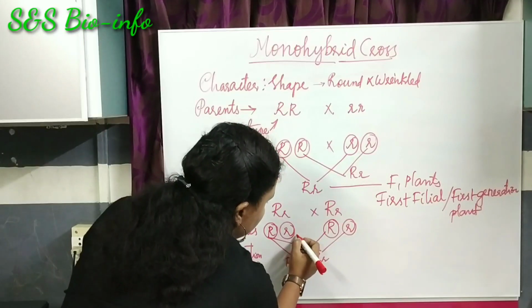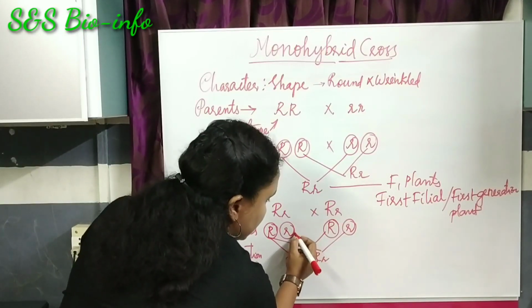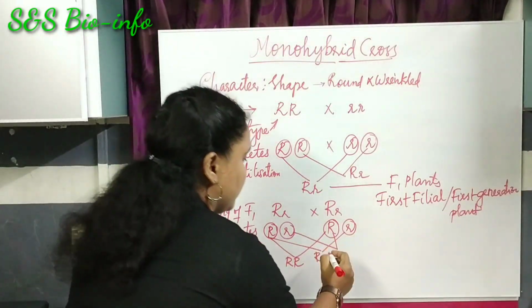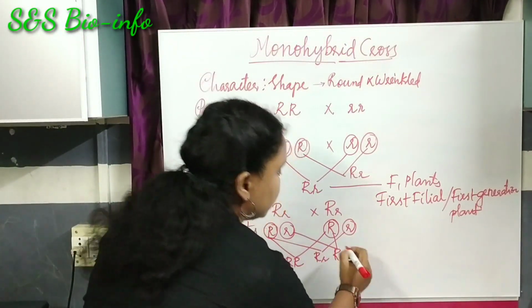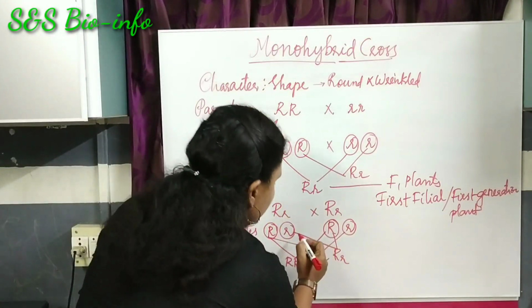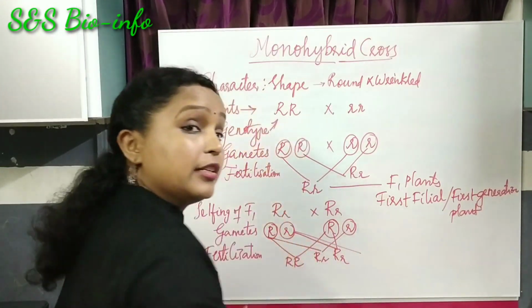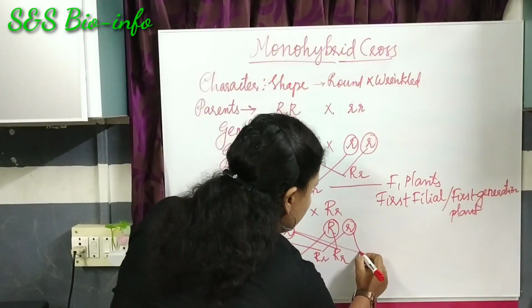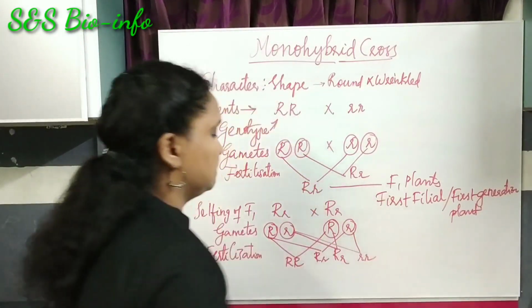Again, when the recessive allele gamete is combined with the dominant allele, the result will be heterozygous Rr. And finally, when the recessive allele of one parent is combined with another parent's recessive allele, the result will be small rr.